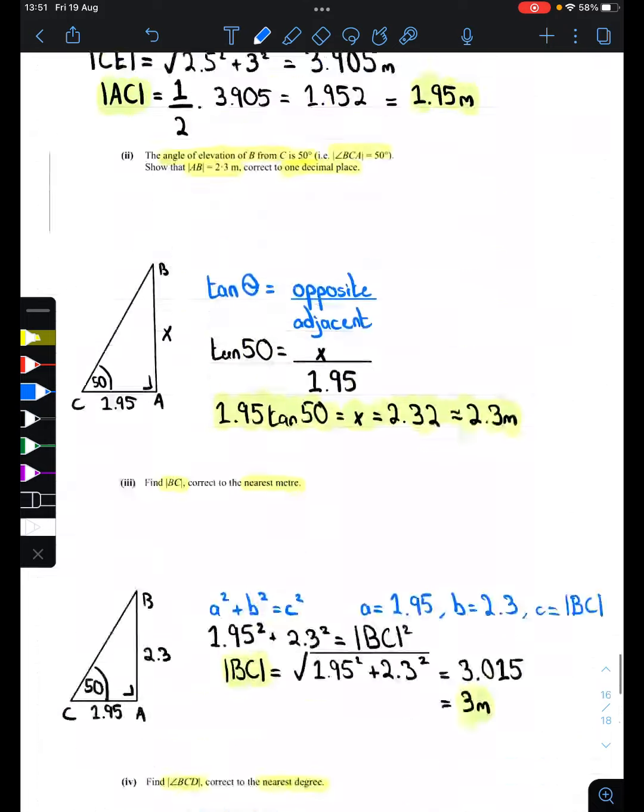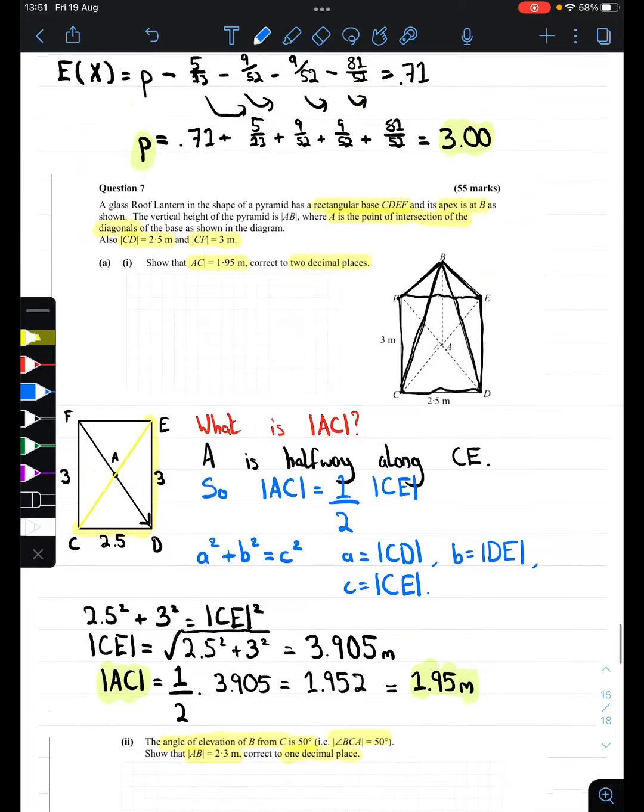As we talked about with this diagram here, the area of this triangle is the same as the area of this triangle, so just multiply by 2. And the area of this triangle, the front triangle, is the same as the area of the back triangle. So again, just multiply by 2.